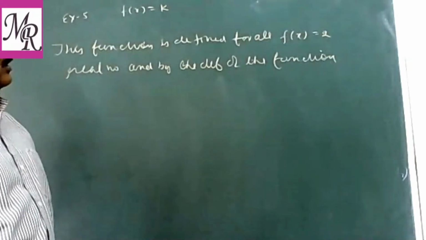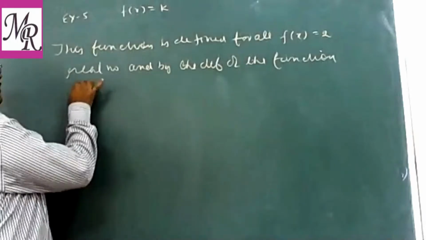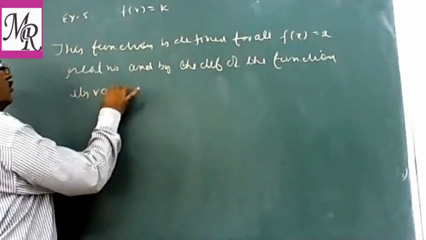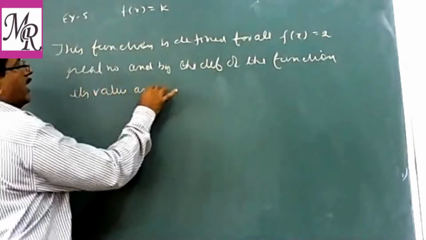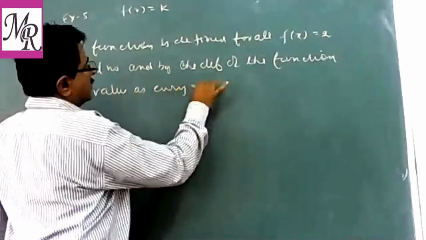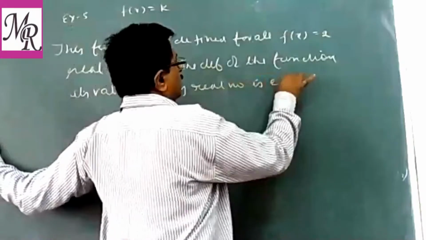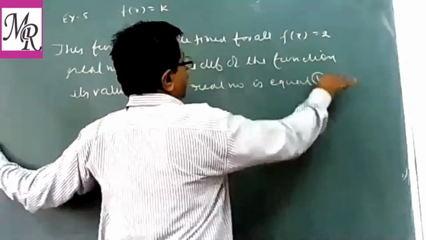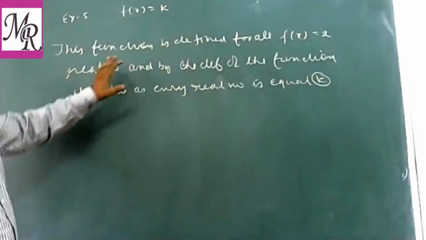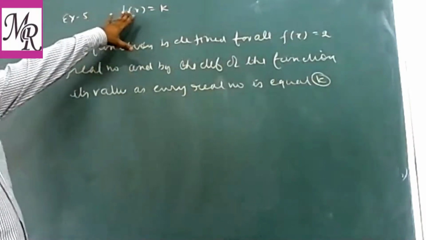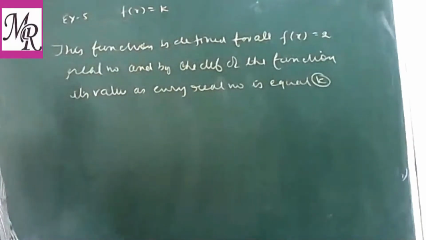By the definition of the function, its value at every real number is equal to k, or constant. Correct? f(x) equal to k is fixed, whatever the value of x.